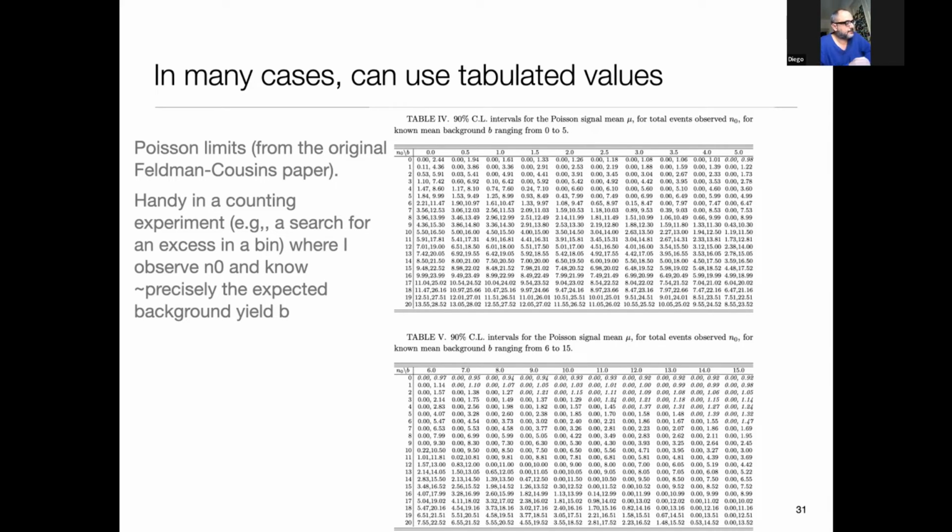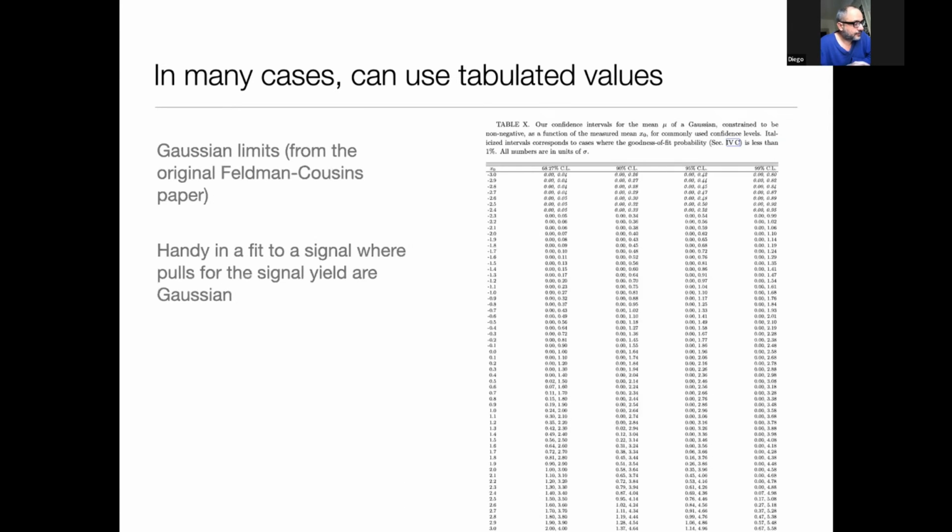And those tables are both for counting experiments in which the intervals are based on a Poisson case, but also for the Gaussian cases.